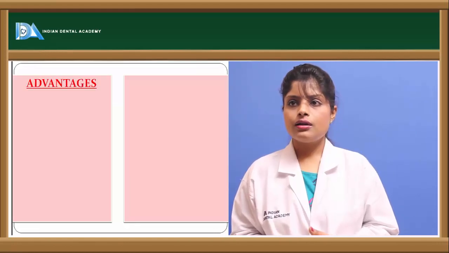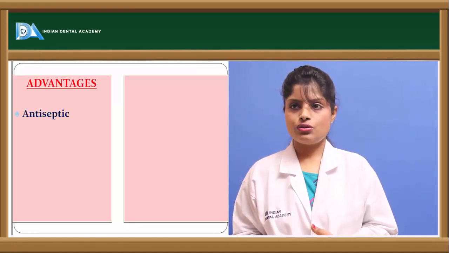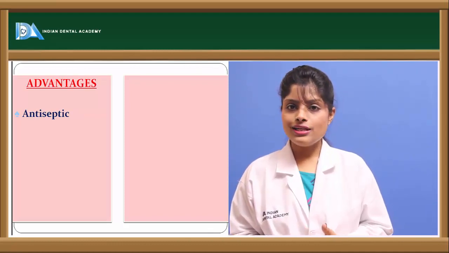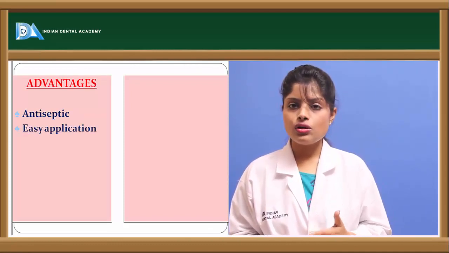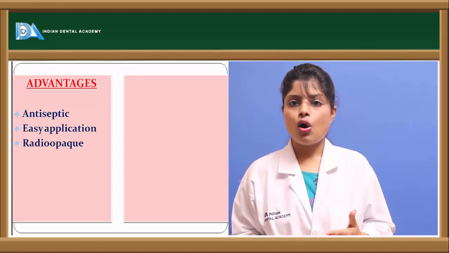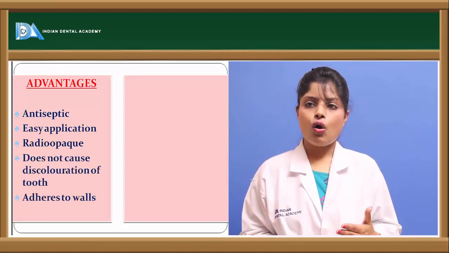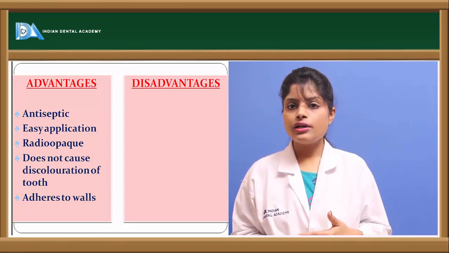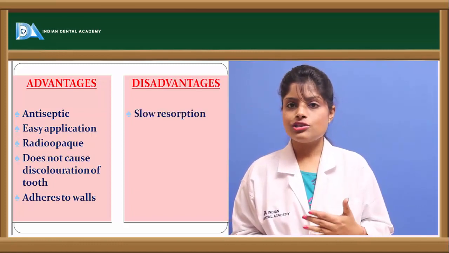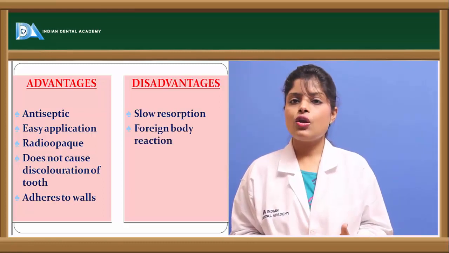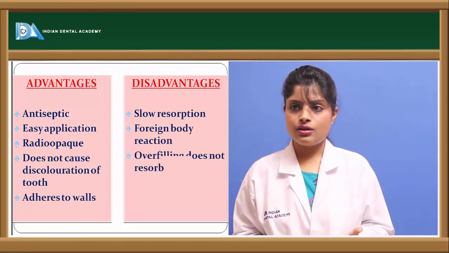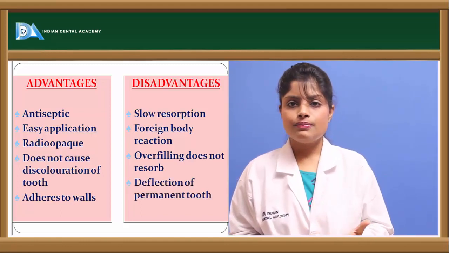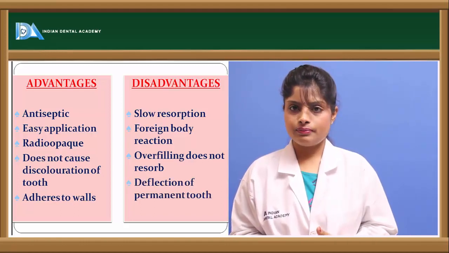But the main disadvantage of zinc oxide eugenol is that its rate of resorption is not equivalent to the rate of resorption of the root. That is, if the root is resorbing, the paste present in the canal will not resorb equivalently. So there are chances of retaining that primary tooth which is obturated.